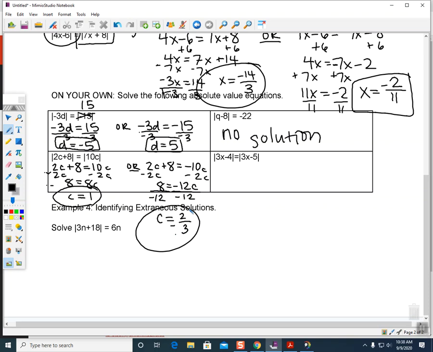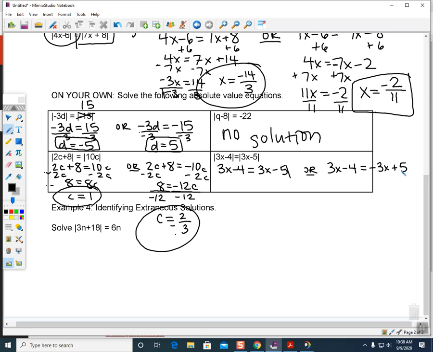Last one, we've got 3x minus 4 equals 3x minus 5, or 3x minus 4 equals negative 3x plus 5. Okay, this one's an interesting case, right?